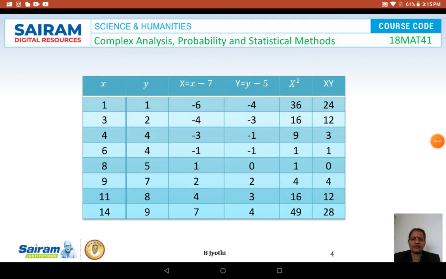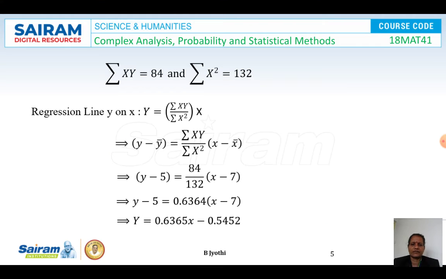Next, we will apply the formula for the line of regression of y on x. So summation XY is 84 and summation X square is 132. So the regression line of y on x is capital Y equals sigma XY by sigma X square into X. On substitution, y minus y bar, which is 5, is equal to 84 divided by 132 into x minus 7.